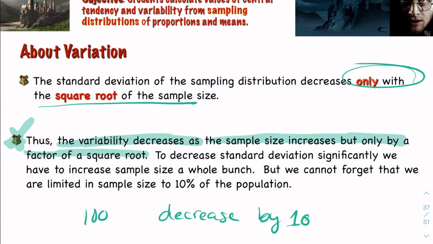So to decrease the standard deviation significantly, we have to increase the sample size a whole bunch. But we cannot forget that we are limited in the sample size to 10% of the population. So this is this give and take that statisticians often have to wrestle with.